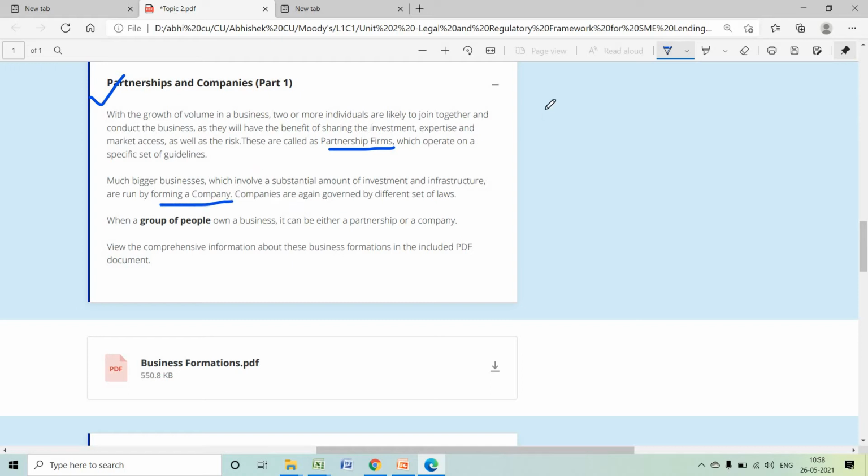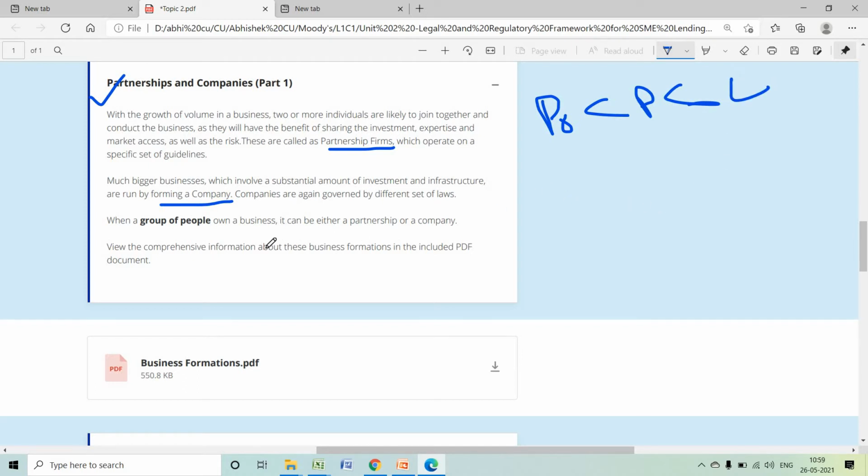So, if proprietorship is the most basic and the smallest one, then partnership, then we have company, right?